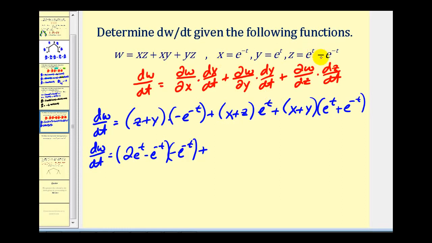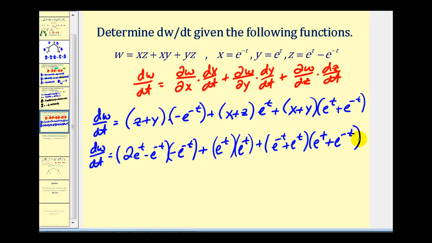Well, x plus z, we have two terms that are opposite, so we'll just have e to the t times e to the t. And then x plus y is going to be e to the negative t plus e to the t, plus e to the t plus e to the negative t.